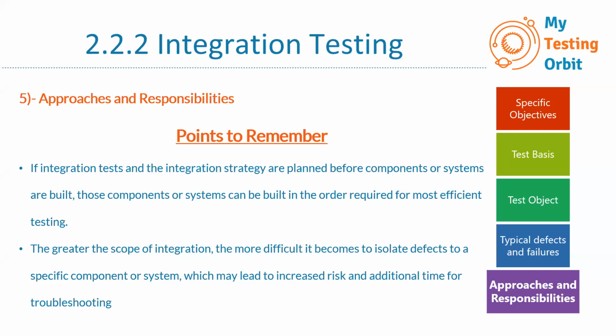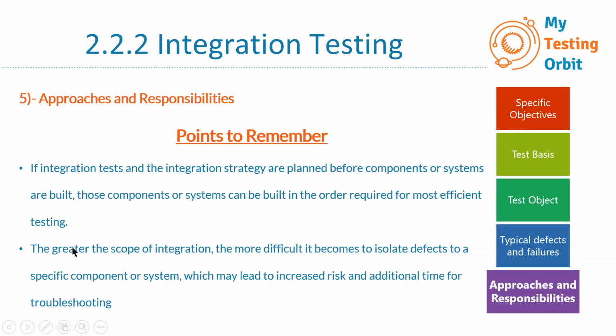If component B is not there and we need to call it in component A in order to test component A, then we can use a stub, where we have a dummy module or a dummy program where we can call a method or a function in order to complete testing of component A. So this is what is covered in the first point: if we know about the components or systems, then we can plan integration testing beforehand, and this helps in efficient testing.